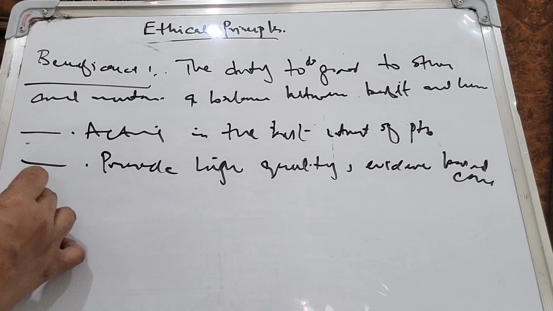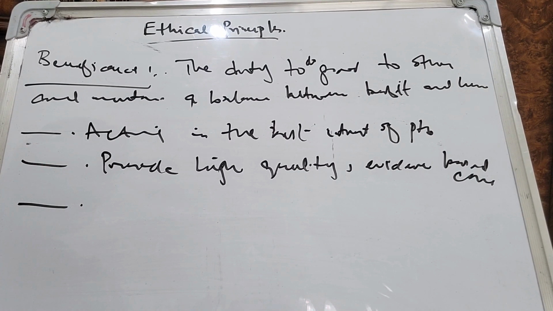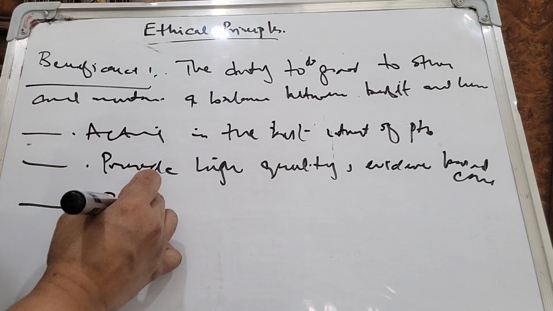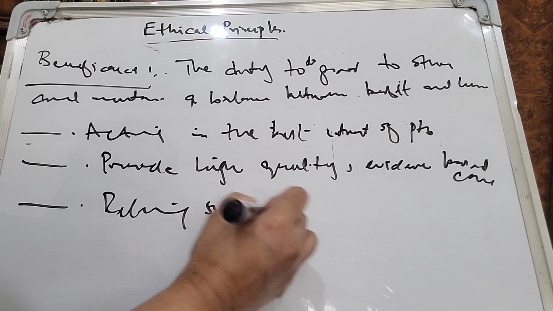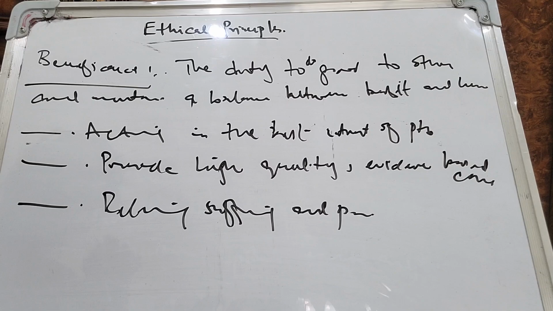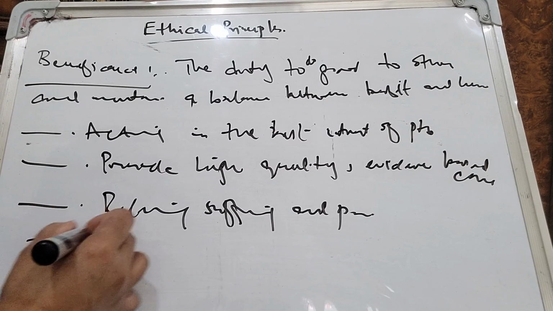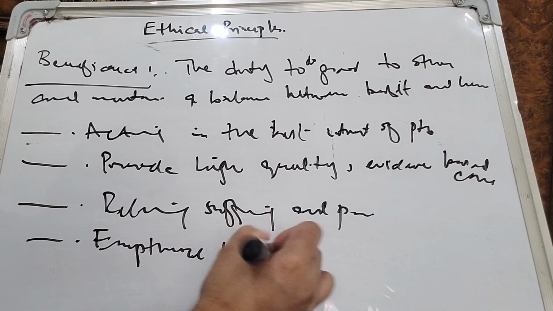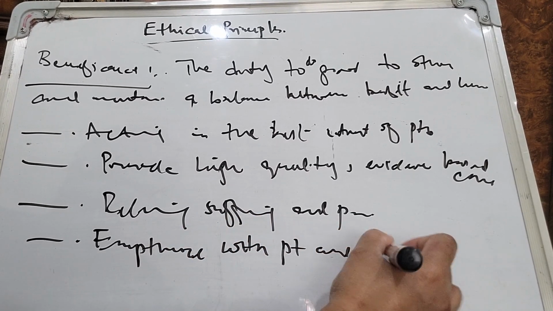Relieving suffering and pain. For example, if the patient is in pain, it is our responsibility. We will talk with the primary healthcare provider to order the medication. So give painkillers to the patient, so he will be relieved from the pain. Empathizing with patient and family.